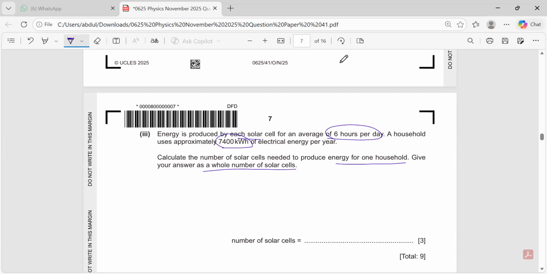First of all, the total output power which is required.